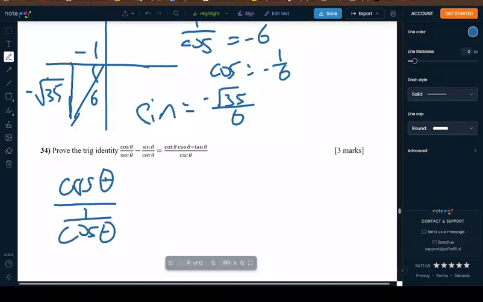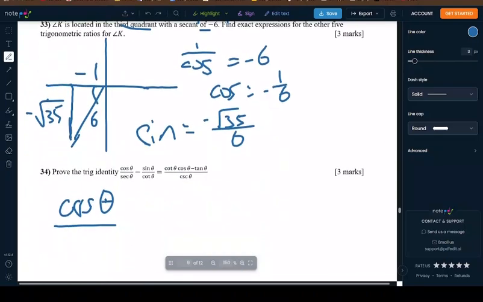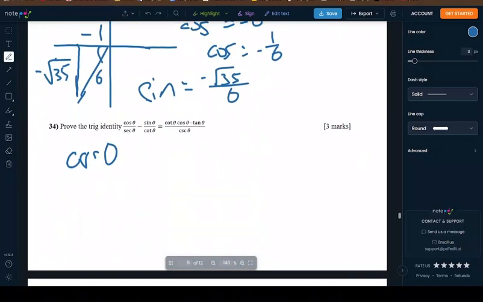So over, what is this? Cos times cos divided by 1 minus 1 over cos theta. This is just cos squared theta. Minus tan is sine over cos. So cotan is cos over sine.